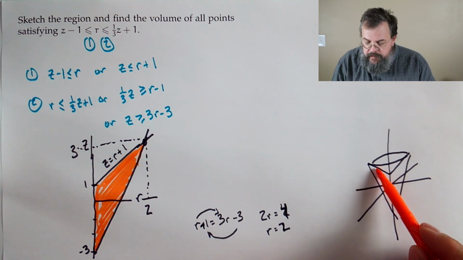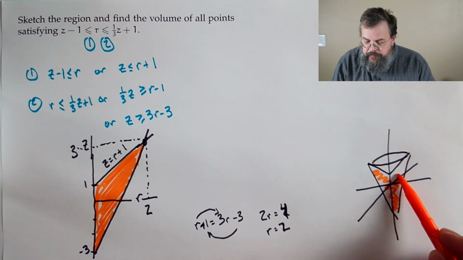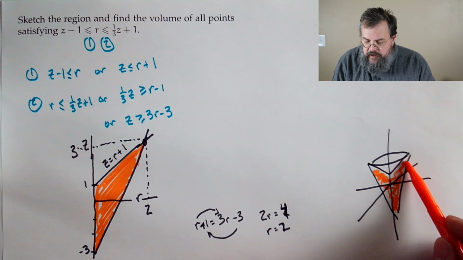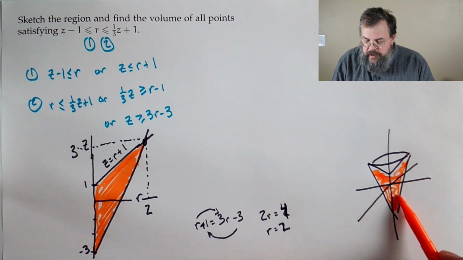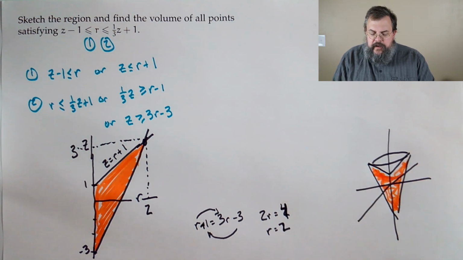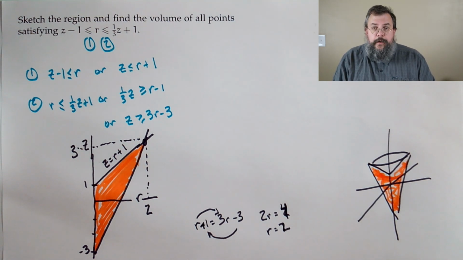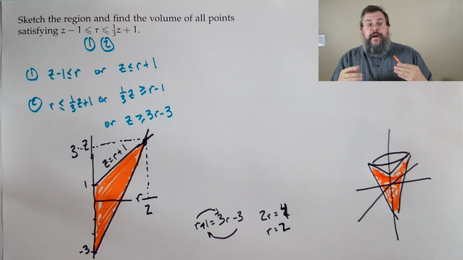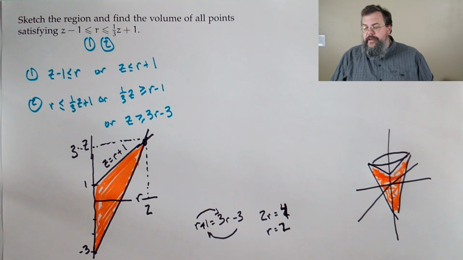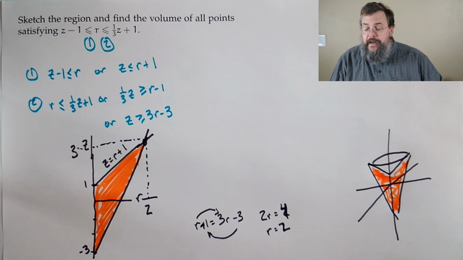Okay, so there we go. So now we have kind of a rough idea of the shape. This is a sketch. We're not done. We have the sketch, but we also have to do a second part, which is we need to find the volume. So how do we do that?